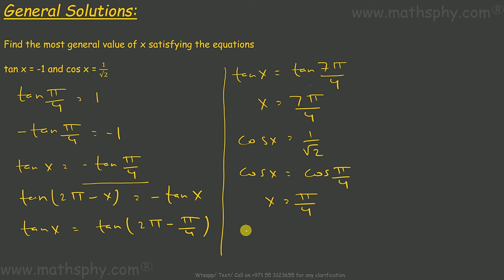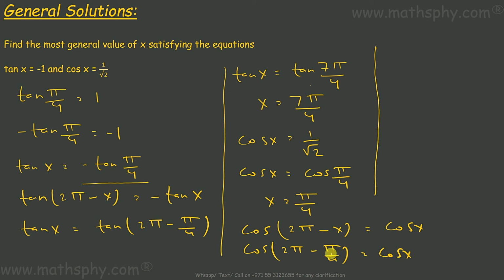We know that cos (2 pi minus x) equals cos x. So, can I write this as cos (2 pi minus pi over 4) equals cos x? Again, if I solve this it comes to 7 pi over 4. So, x equals 7 pi over 4. So, in both the cases, we have found value of x is 7 pi over 4.